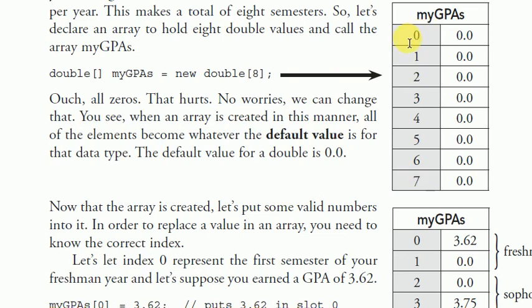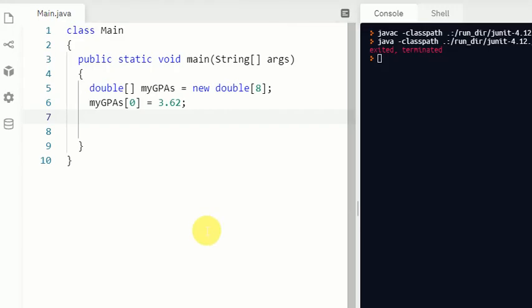So here on Replit, you can see that I have created a double array with the name myGPA, and it can store 8 values. Now I want to store the first value in index 0, the very first slot of the array.